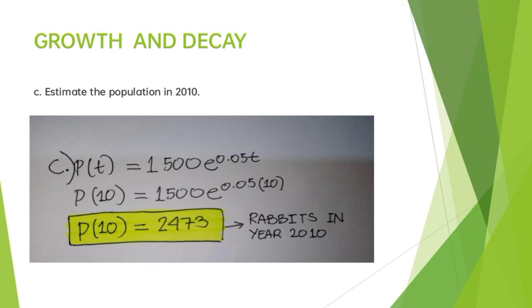Let's substitute t equals 10. P(10) equals 1,500 e raised to 0.05 times 10. When we compute it, the answer is 2,473. It is the population of rabbits in the year 2010.